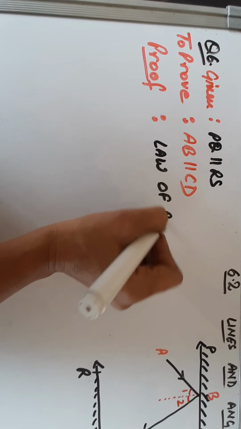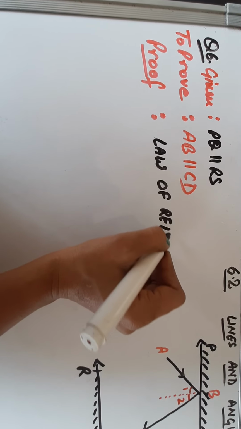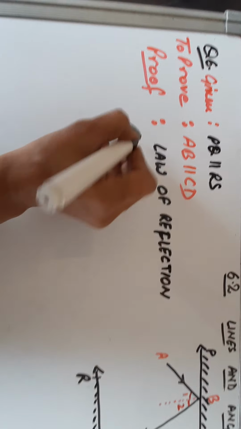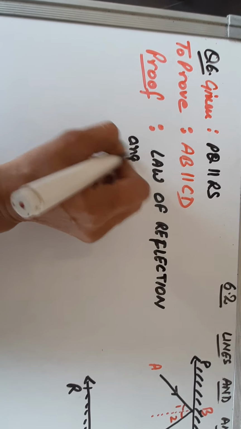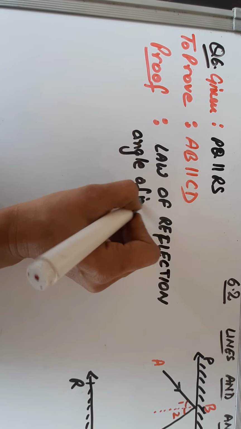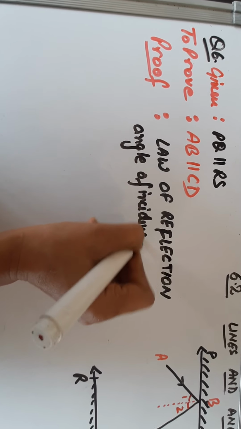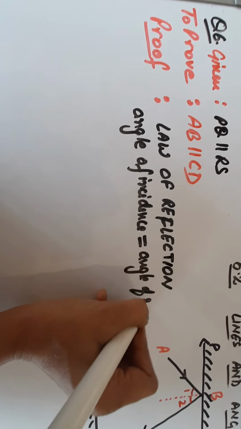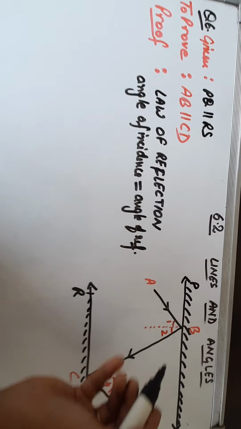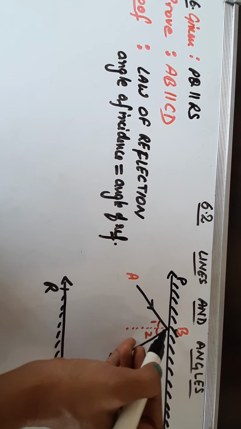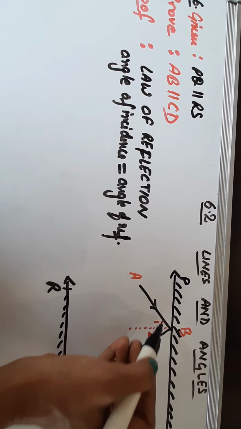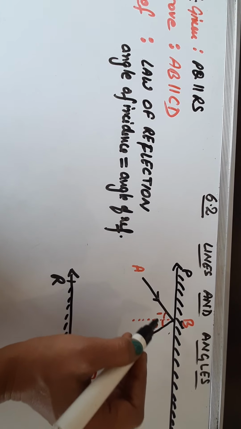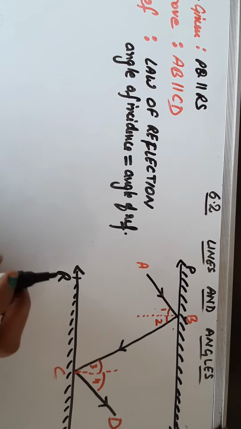The law of reflection says that angle of incidence is equal to angle of reflection. This is the incident ray, so this is the incident angle, this is the reflected ray, this is the reflected angle. From this law we'll have angle 1 is equal to angle 2.